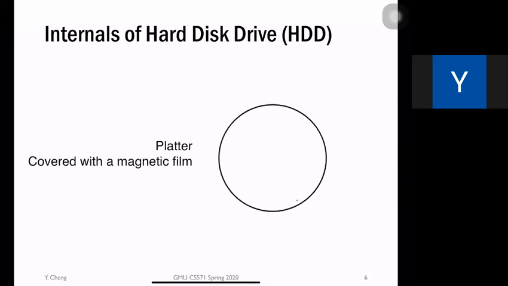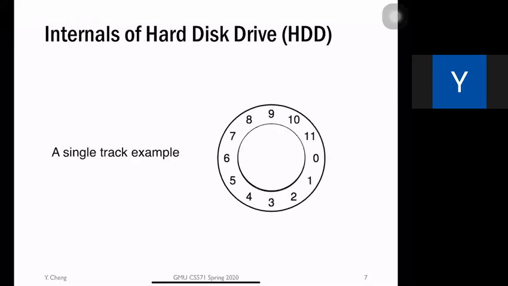Okay, and in this slide, it adds more information. Here it shows a single track, and this is the outermost track. Obviously, a single disk platter can have multiple tracks. So this is the outermost track.